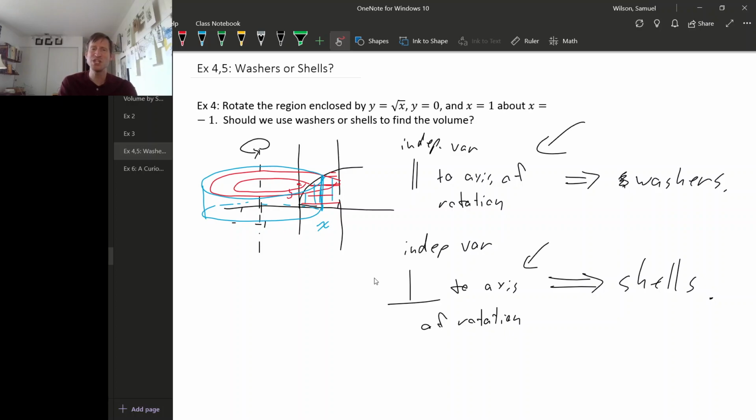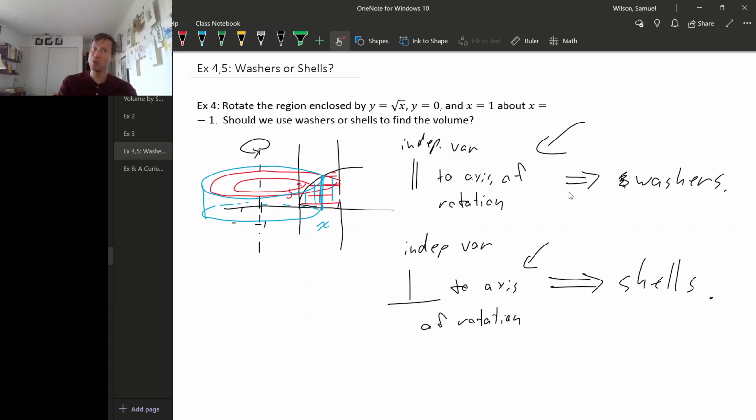By tricky situation, I mean maybe the end point of a cross section jumping from one function to another, or getting split in half, or something like that. In this situation, there's nothing tricky that happens for either way of slicing this up, so we should be able to write a volume integral for this shape using either washers or shells.